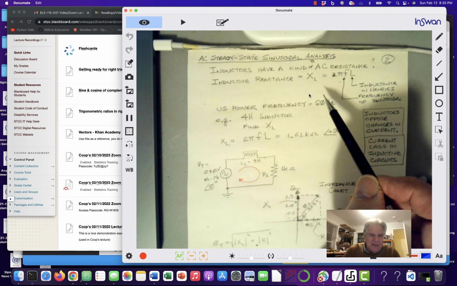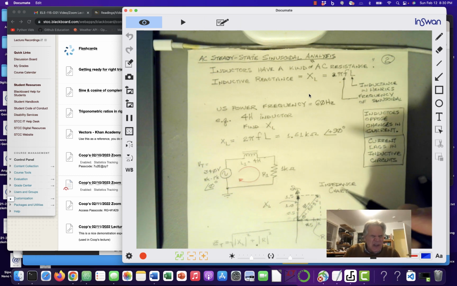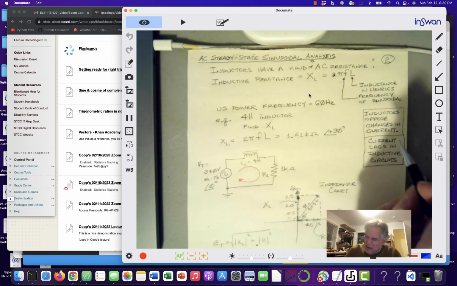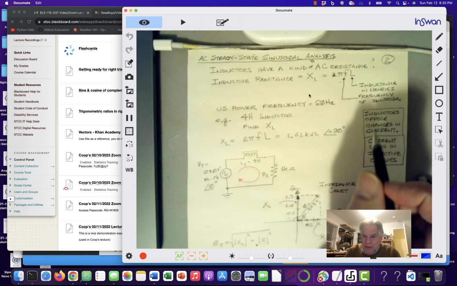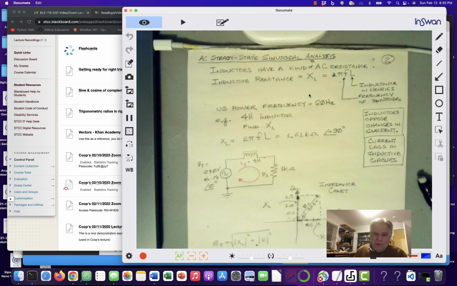And we can't just put these things together like the nice resistive circuits where two resistors in series, you could add them together, or two resistors in parallel, you could do product over the sum. This is where the vector stuff hits us. But fortunately, there's a way to deal with it.